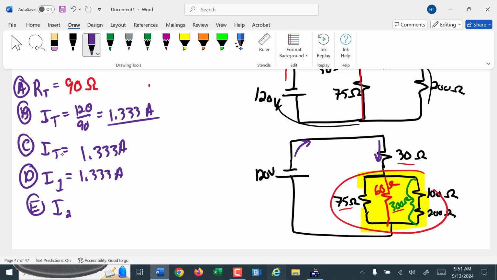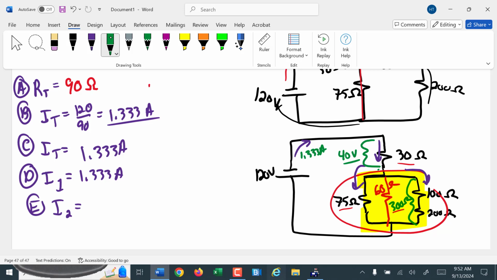I2, however, now the current splits up. Part of it's going this way, part of it's going this way. So to figure out how much, we have to go back to finding the voltage drop across this first resistor. That voltage drop there, V1, which is going to be calculated later, I believe. Yeah, it's part M. That voltage drop is just our total current, the 1.3333 amps, times the 30 ohms, which is going to give us 40 volts.